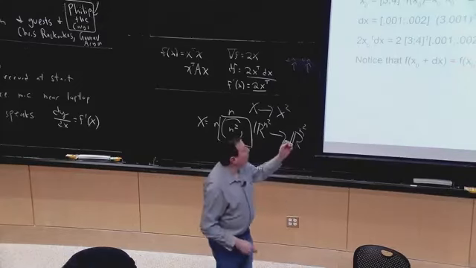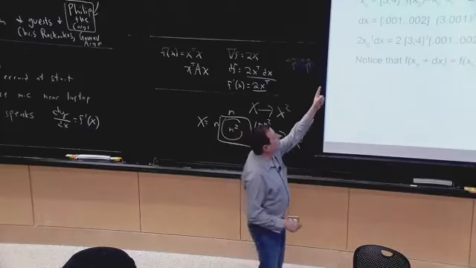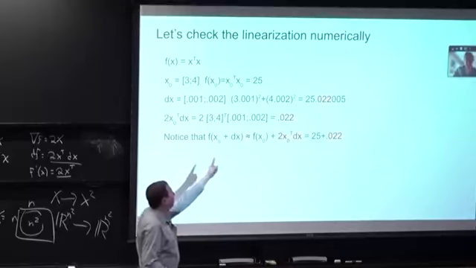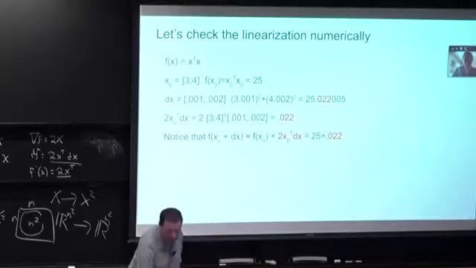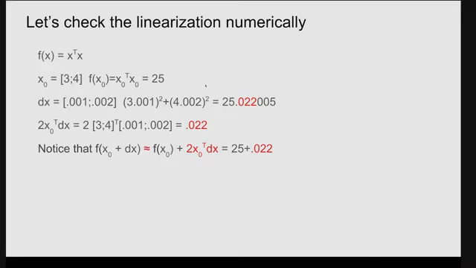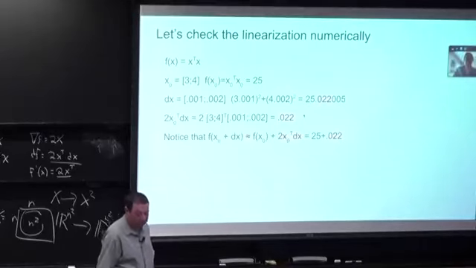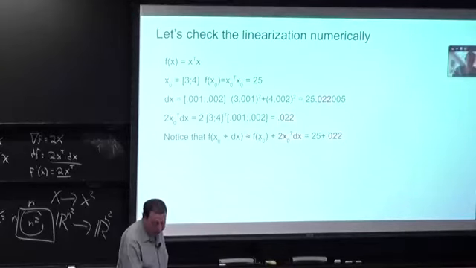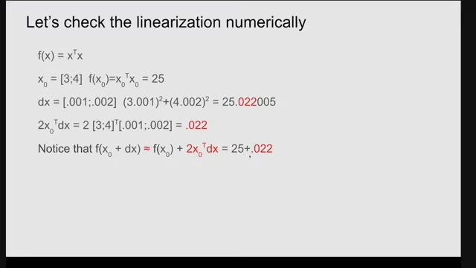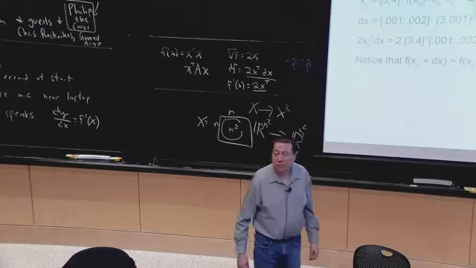The reason why we don't just do the calculation on this line is because the magic of calculus is there's an exact way to do it, and this is that exact way. If you go 2x0 transpose dx, you see we're going to get the right answer. And that's what we love about calculus. And so the delta f is going to be that. Any questions about that so far?